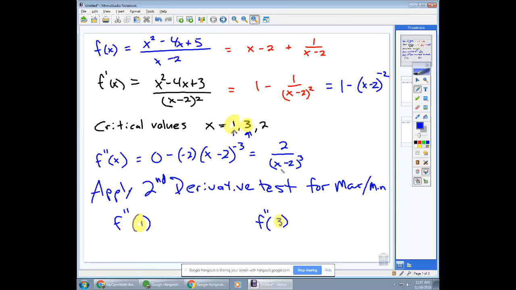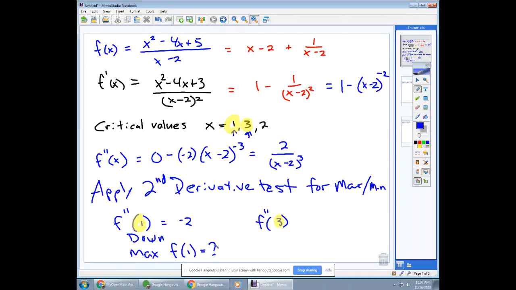If I plug a 1 here, I get 1 minus 2 is -1, cube a -1, and you get a -1. So I get -2. Since it's less than 0, this must be concave down there. If it's concave down, do I have a max or a min here? Max. Good. And the max is going to be whatever f of 1 is, which I still need to calculate.